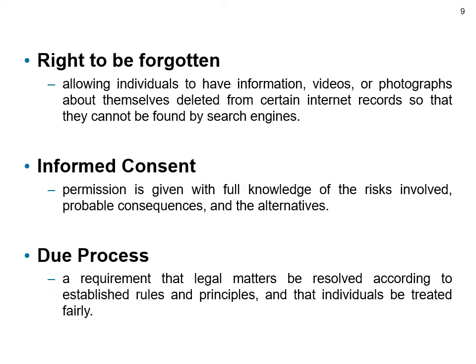As I mentioned, the right to be forgotten allows an individual to have information, video, and photographs about themselves deleted from certain internet records so that they cannot be found by search engines. It means when people search online, they cannot view others' personal information. Informed consent: permission is given with full knowledge of the risk involved, probable consequences, and the alternatives as well.